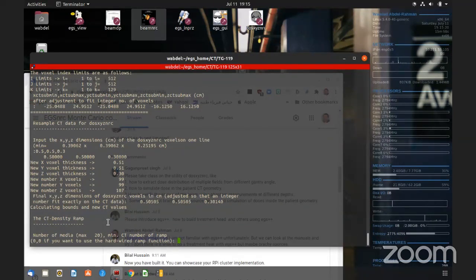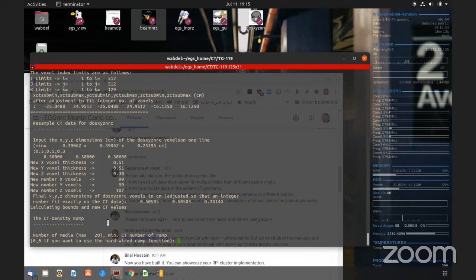And then from 200 up to 700, we put bone. And then above bone, we can make a material titanium. Those mediums should be in your PEGS data file, so because we are assigning medium, we're going to assume that that is in your PEGS data file.